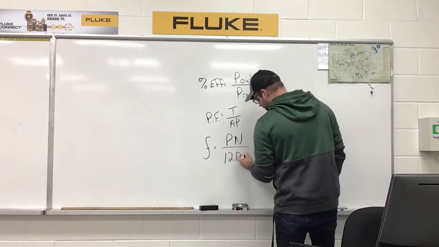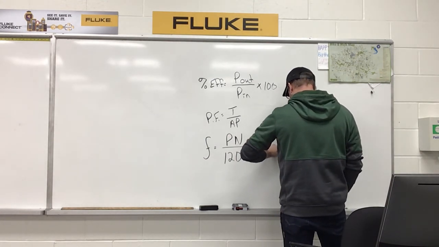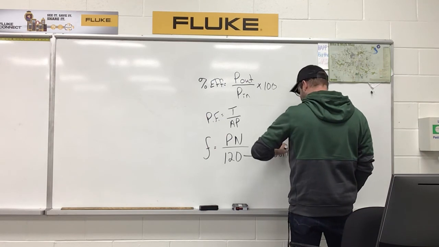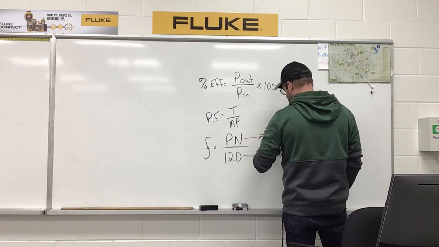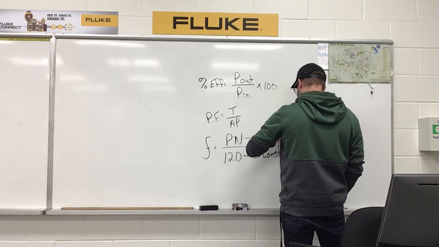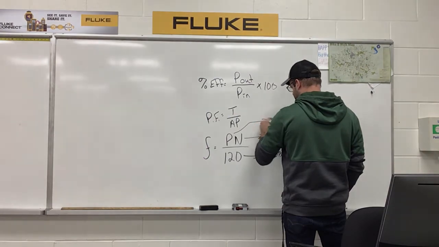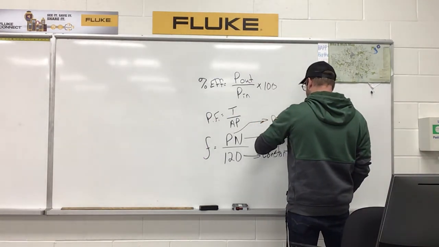Okay, so 120 is a constant. N is our speed in RPMs, and then we have our pole pairs.